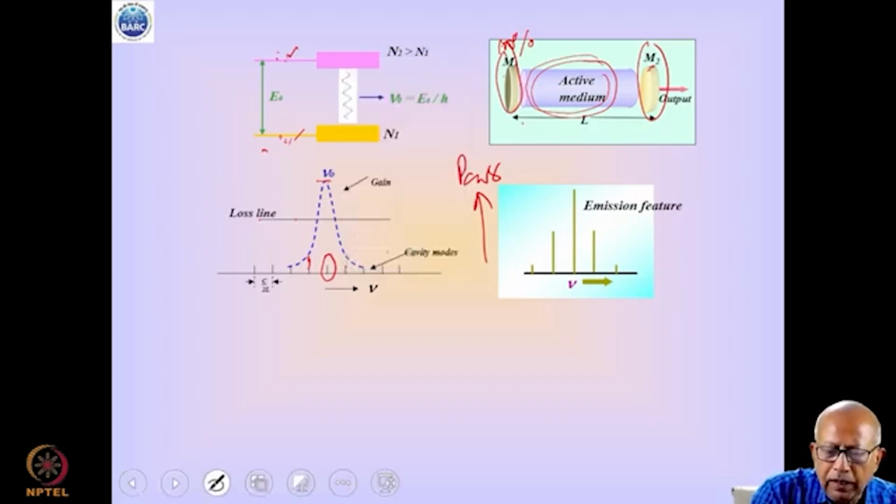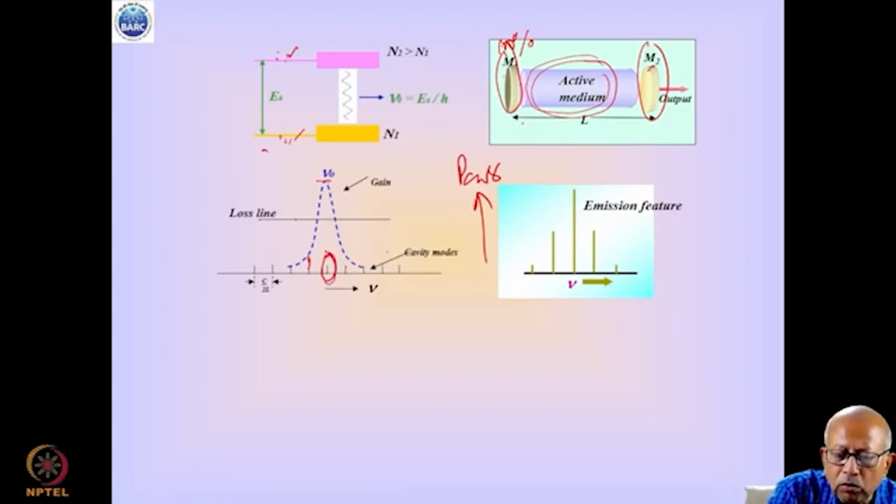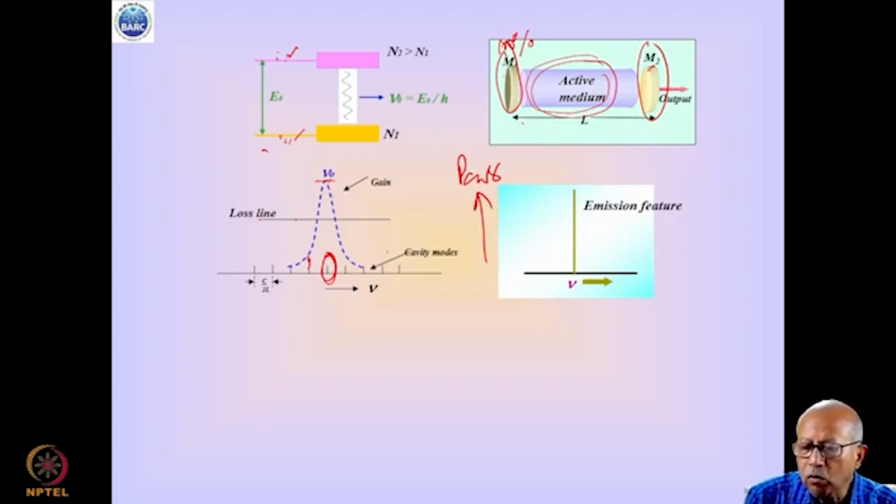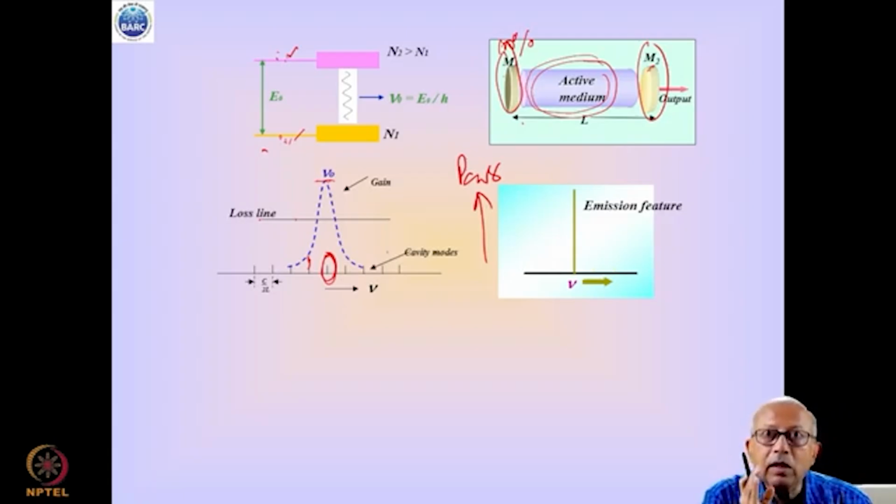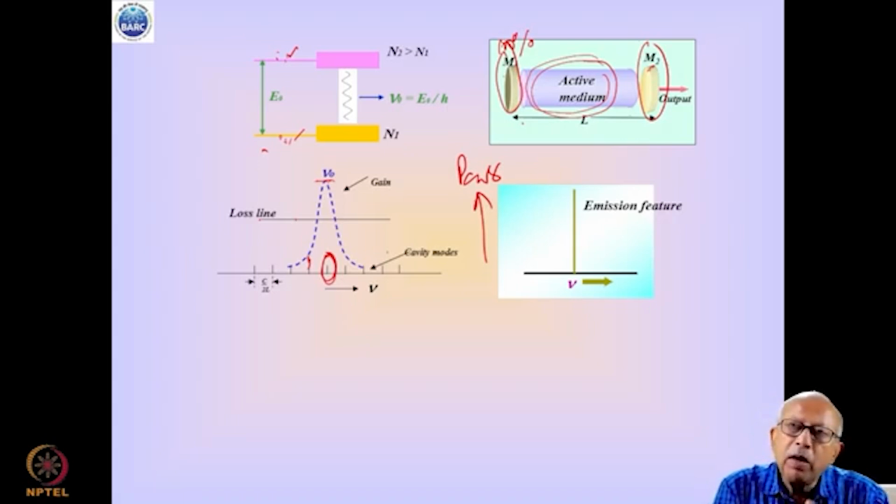So lasing now would occur only on this mode, which has net gain. So the emission feature in this case would be like this, single mode lasing. In this case, the laser is lasing on single mode. So then the emission will be highly monochromatic compared to a multimode laser. See, again, it is the cavity which is doing all the tricks.